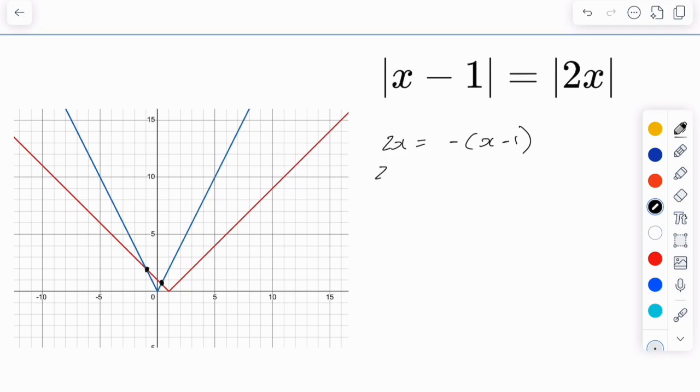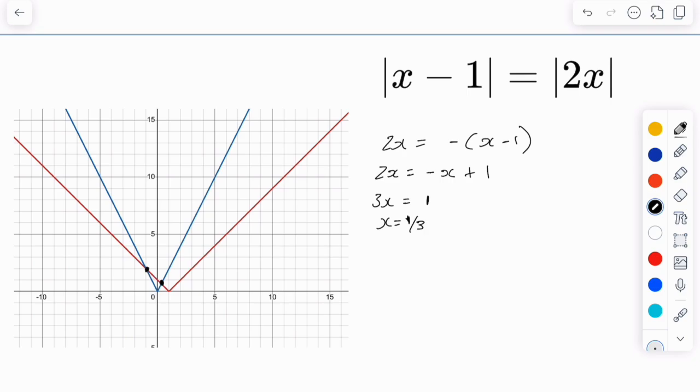If we solve that, we get 2x is equal to minus x plus 1, then 3x is equal to 1, x equals a third.